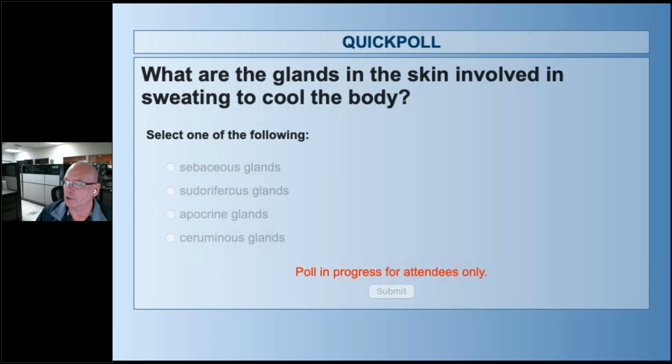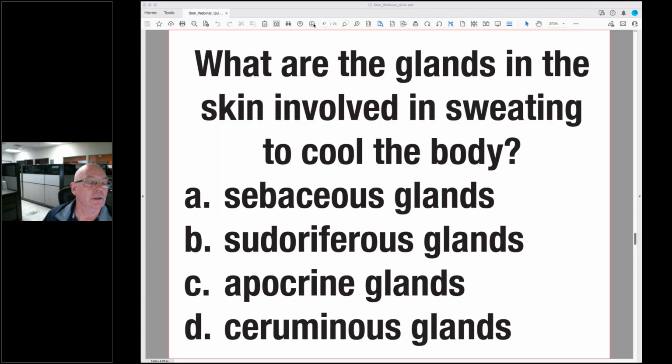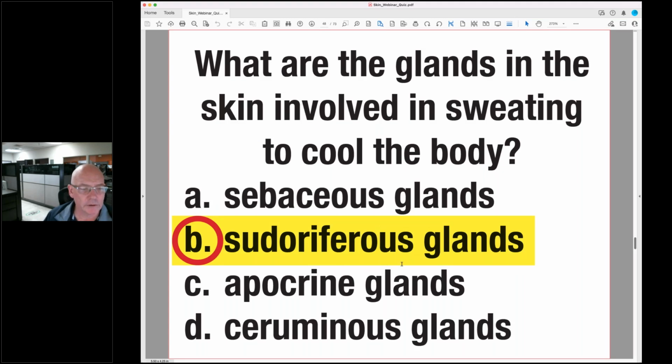All right, finishing up, last couple of seconds. And closing the poll. All right, 82%, we're back on track. So here I'm going to hide the results, and know that it's easy to mix up sebaceous and sudoriferous.